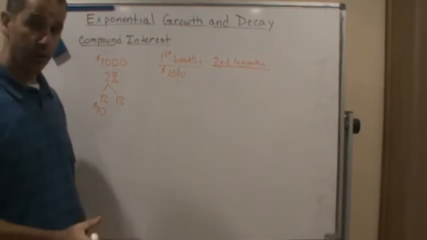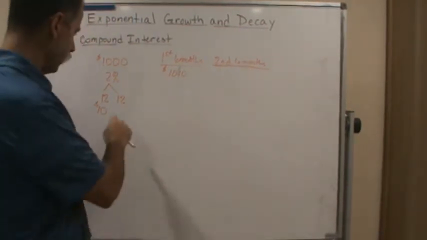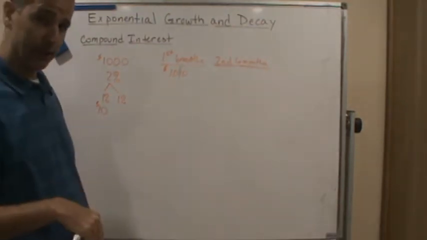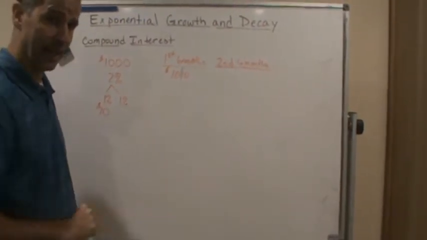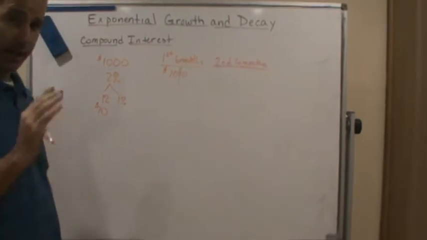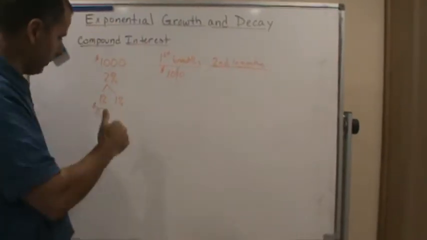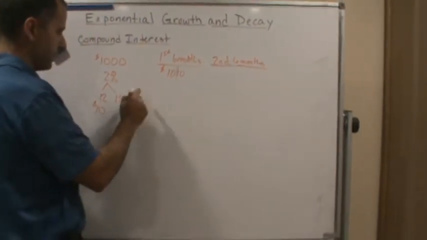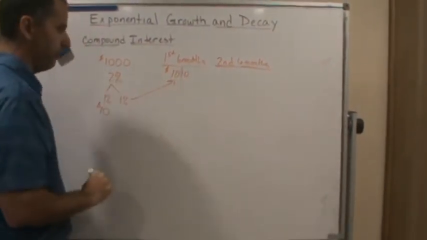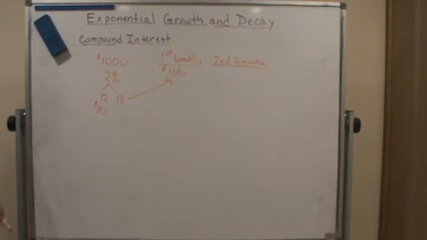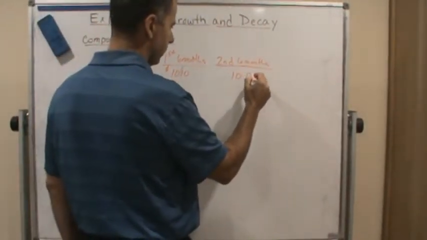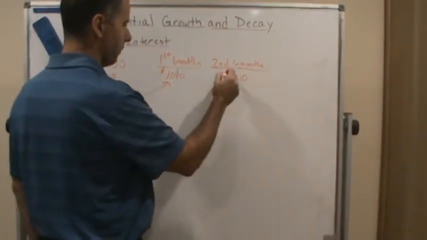And now for the second half of the year, you're not only earning the 1% on the $1,000, but you're earning the interest on the $1,000 plus the extra $10 that you got after the first 6 months. So you're going to earn 1% of that amount, which is $10.10.